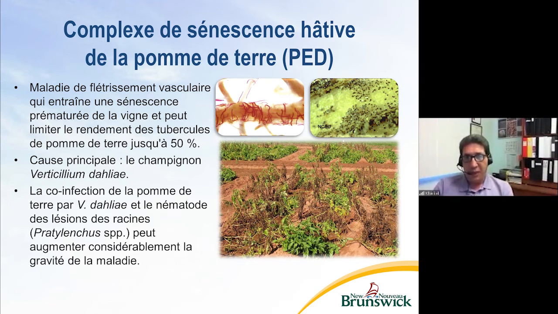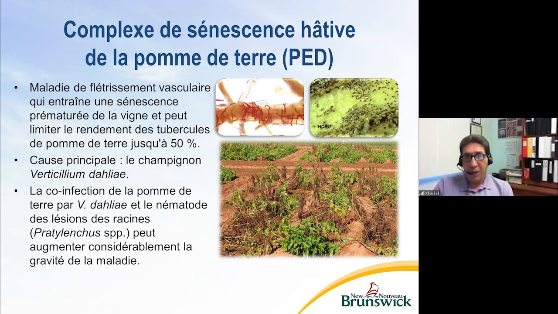Now, if you look at the pictures here, the one on top right is greenish tissue with small black dots on it. These are the microsclerotia of the Verticillium fungus. That's how the fungus overwinters during the season where there are no crops.